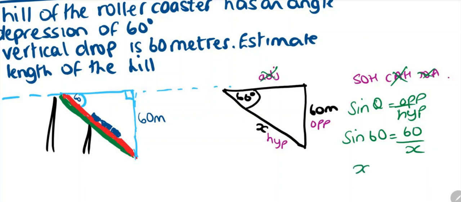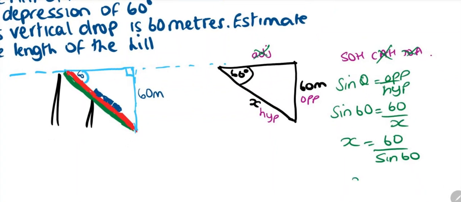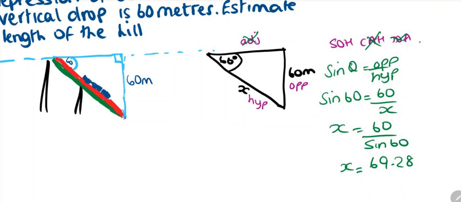So I'm going to rearrange, and x is 60 divided by sine 60. Putting that into our calculator, x is equal to 69.28. We're going to round it, so x is approximately 70 meters.